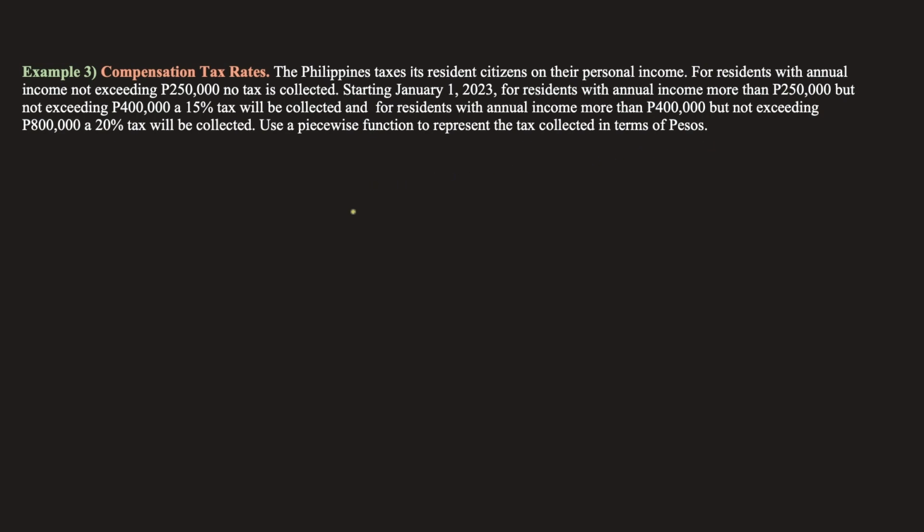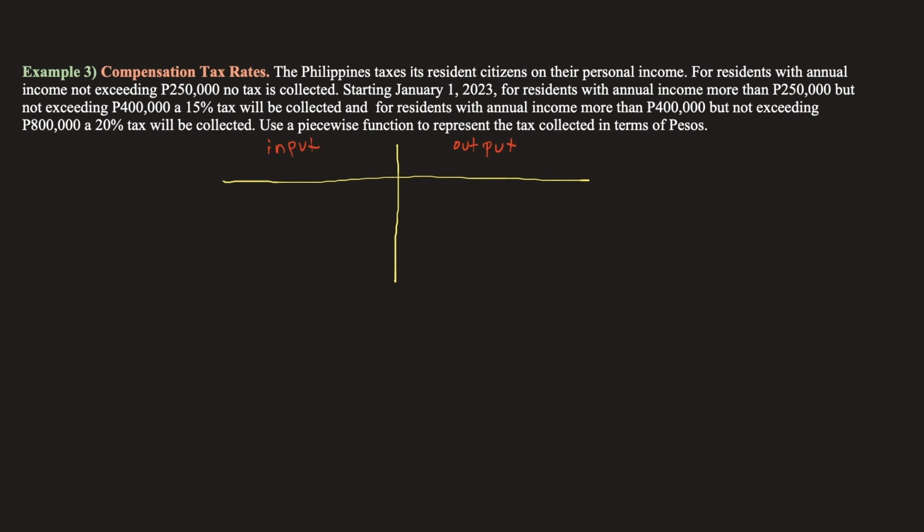Now again, before constructing our piecewise function, it will be very helpful to construct a table displaying all the possible conditions given in the problem. Again, the first column represents the input, and the second column will be your output.